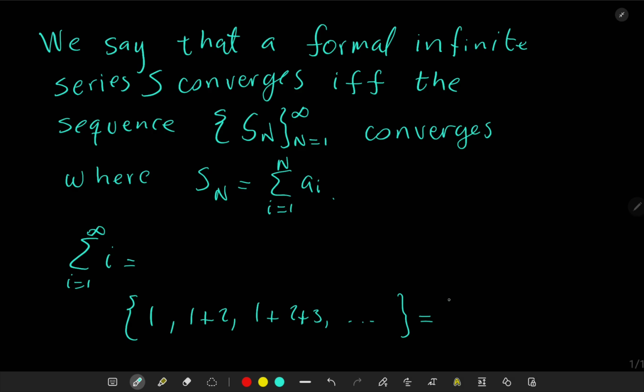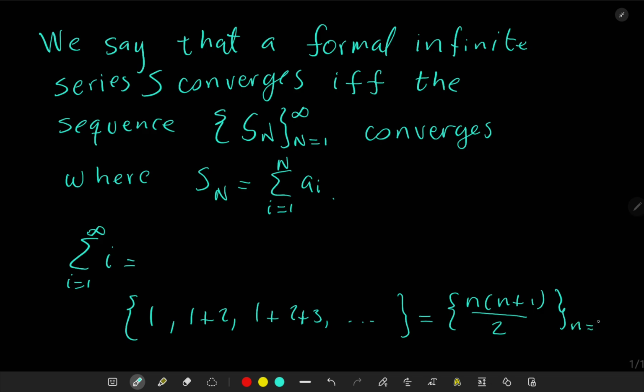But now we do have a formula for the nth term of this sequence. These are the triangular numbers, right? You're adding 1, 1 plus 2 is 3, 1 plus 2 plus 3 is 6, and all these numbers are of the form n times n plus 1 over 2. You saw those when we started doing integration by definition.